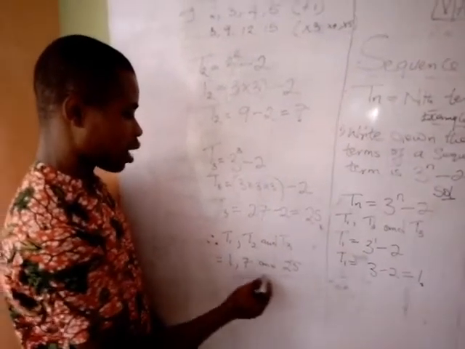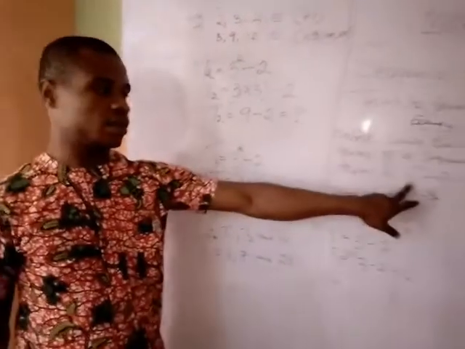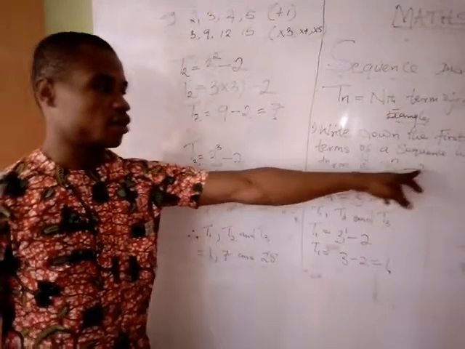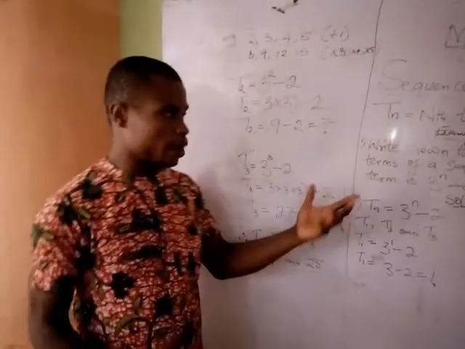So this serves as the first 3 terms of the sequence with this particular formula or pattern, 3 raised to power n minus 2. Alright, that's all about sequence.